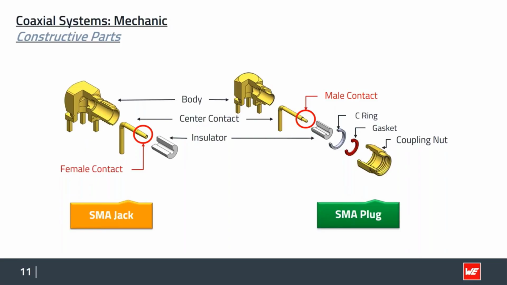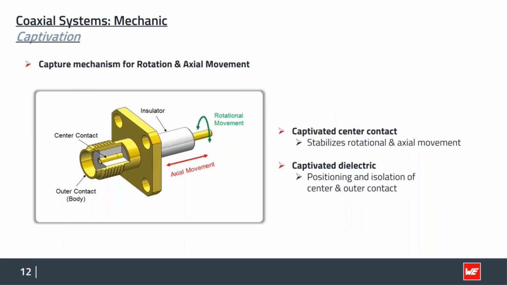On the other side, we need to ensure not only that this center contact is very stable and right in the middle in a very good symmetrical way in the housing, but we also need to make sure that the insulator cannot move, neither in a rotational way nor in an axial way. This is realized with different structures, and this is also something you can experience by yourself if you check out really cheap SMA connectors versus, let's say, known brands.